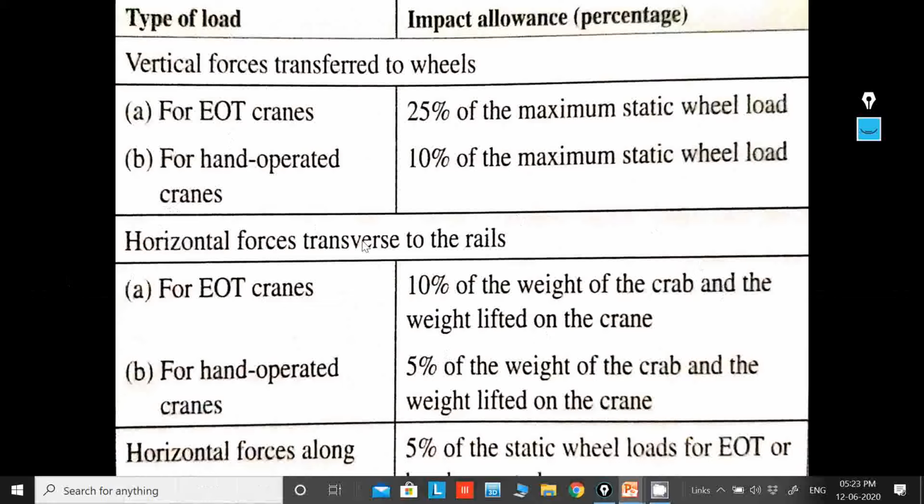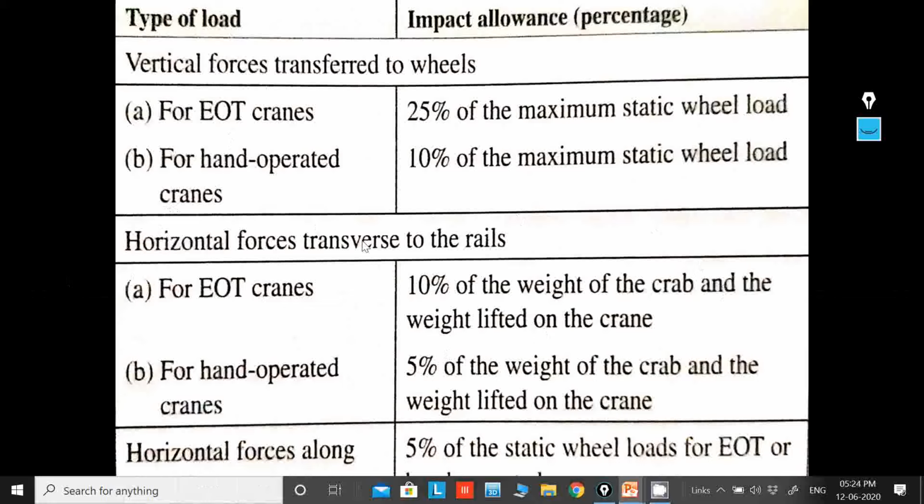Then for horizontal forces transverse to the rails, this is for the surge load. Transverse means perpendicular to the rails, and perpendicular to the rails means parallel to the crane, and parallel to the crane is surge load.